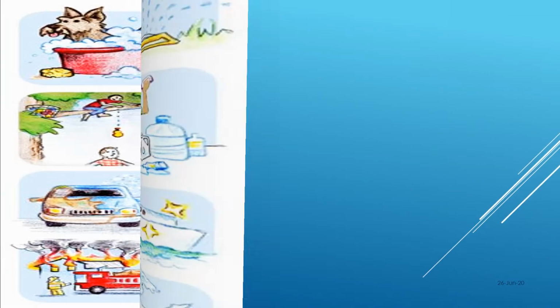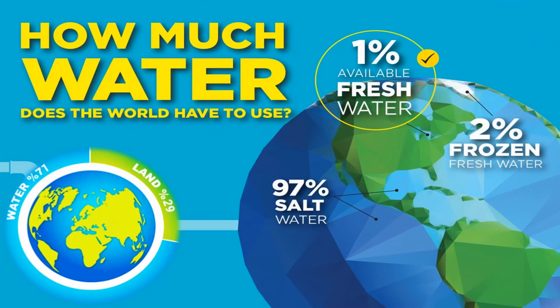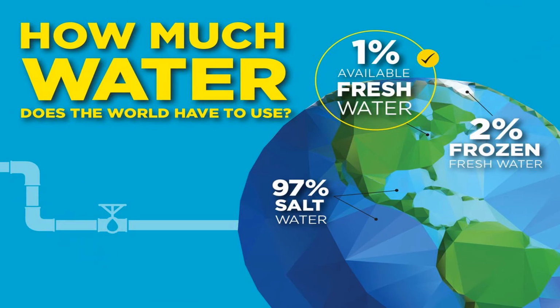So this water which is there, is it sufficient for us? How much water does the world actually have for use? Now we have learned that on the surface of the earth, the proportion is 71% water, whereas 29% is land.